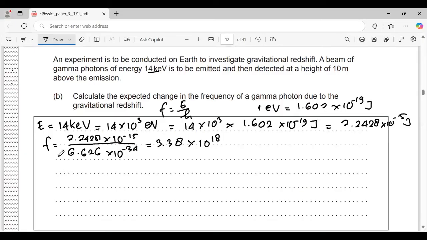Next, we can determine the change in frequency of the gamma photon due to the gravitational redshift based on the formula of gravitational redshift. The formula is delta f equals f times g times delta h over c squared. This f is the frequency of the photon, g is gravitational acceleration, delta h is this 10 meters, and c is the light speed.